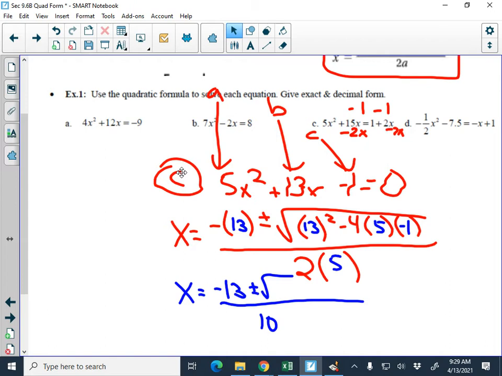Did you get 189 under here, anyone? Okay, I guess I got to try it. Nobody got 189. Let's see.